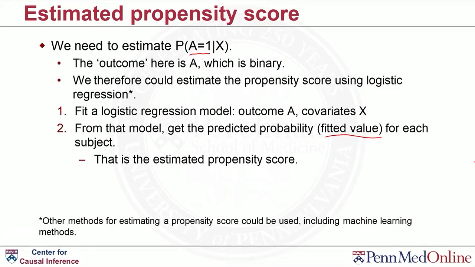And usually that's one line of code in statistical software, where you can get a predicted probability for each person. So for every person, we'll have a predicted probability, a number between 0 and 1, and that will be their propensity score. In fact, it's an estimated propensity score, but from here on out, we'll just call it the propensity score. It'll be a value between 0 and 1 for every subject.